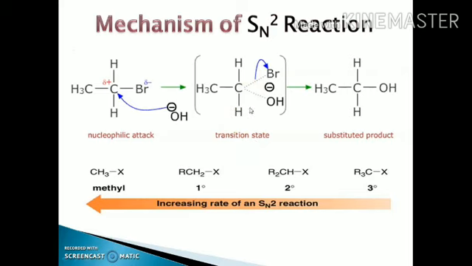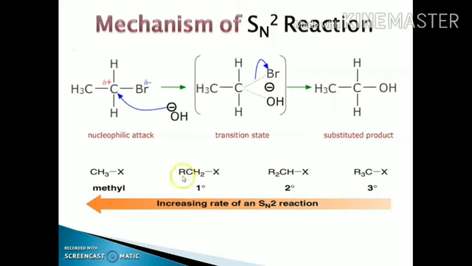To gain stability of the transition state, the better leaving group leaves the alkyl halide, leading to the formation of the substituted product. Bromine acts as a leaving group. It leaves the carbon and gives the substituted alcoholic product.